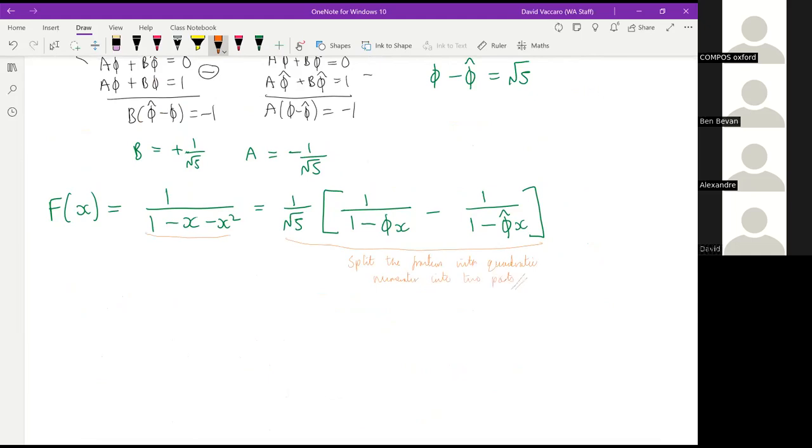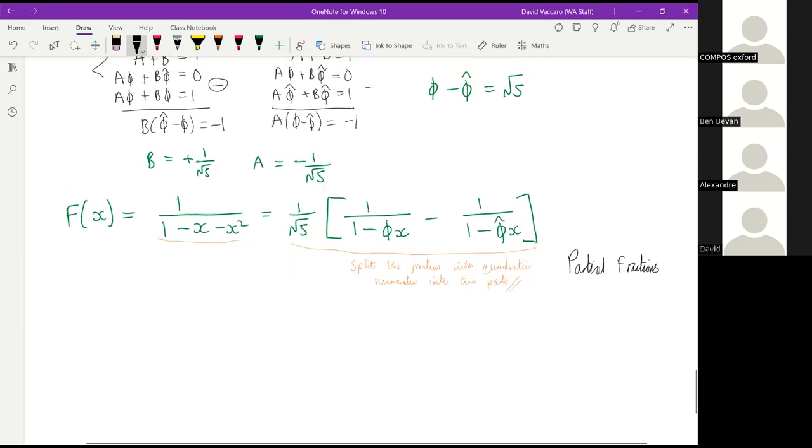This method, which some of you will have met already, is called partial fractions. All you have to trust me on is that this gives an alternative way of writing this generating function.